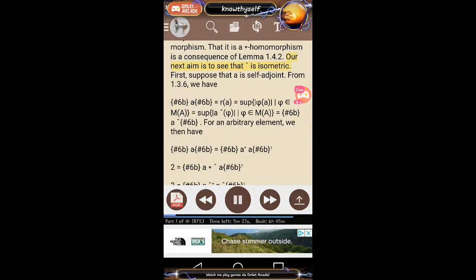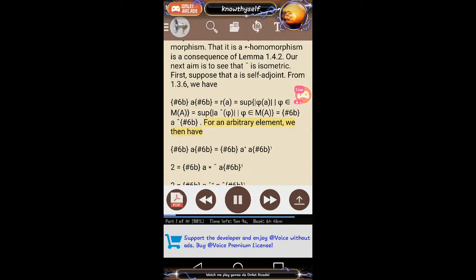Our next aim is to see that the map is isometric. First, suppose that a is self-adjoint. From 1.3.6, we have ‖a‖ = r(a) = sup{|φ(a)| : φ element of M(A)} = sup{|â(φ)| : φ element of M(A)} = ‖â‖.